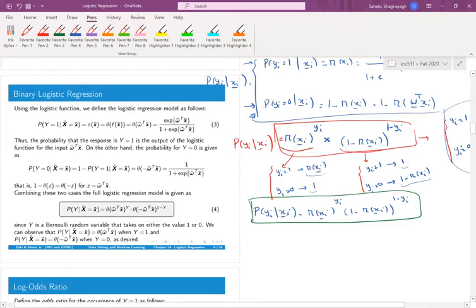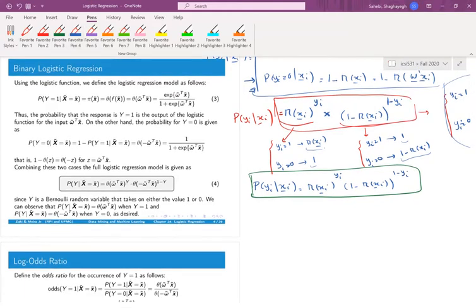What can I say about all the yi's that are out there, or all the xi's that are out there? So if I rewrite this for probability of y1 given x1, probability of y2 given x2, etc., that would give me the probabilities for each data point, right?